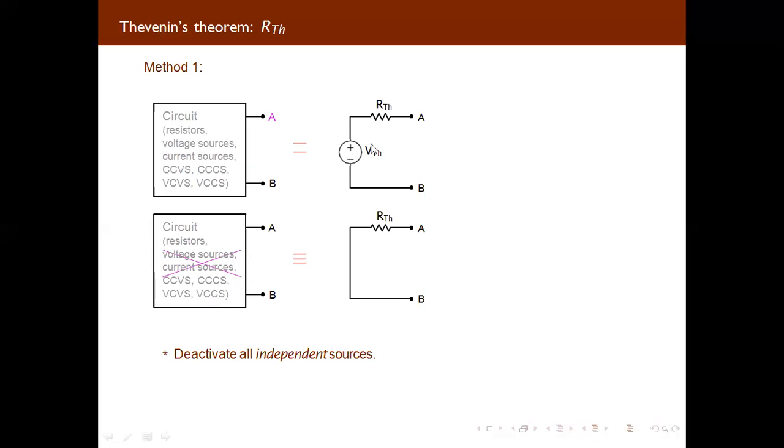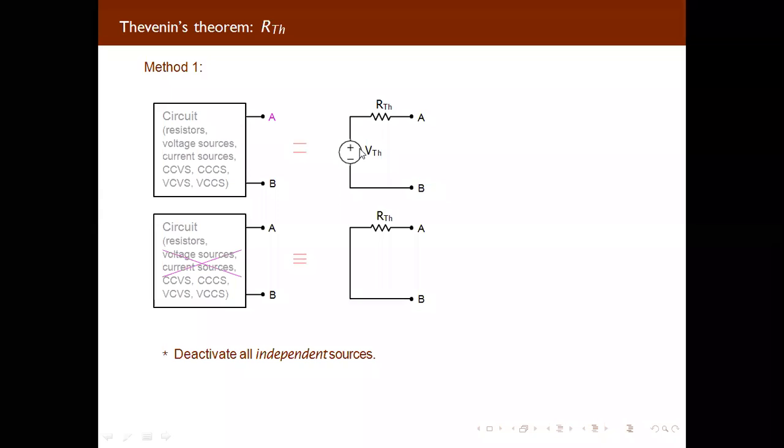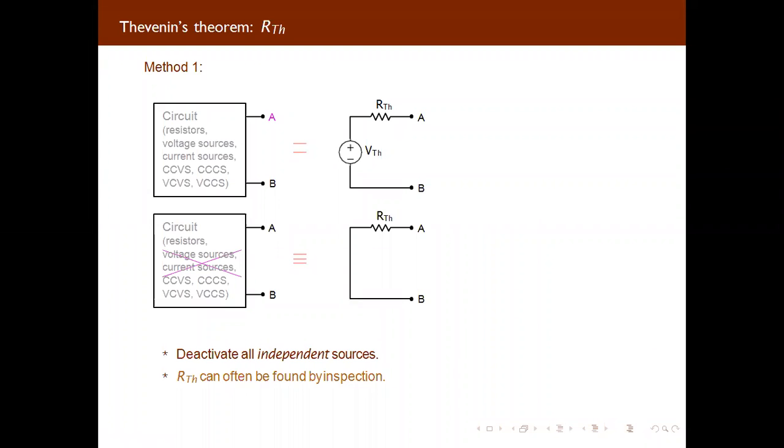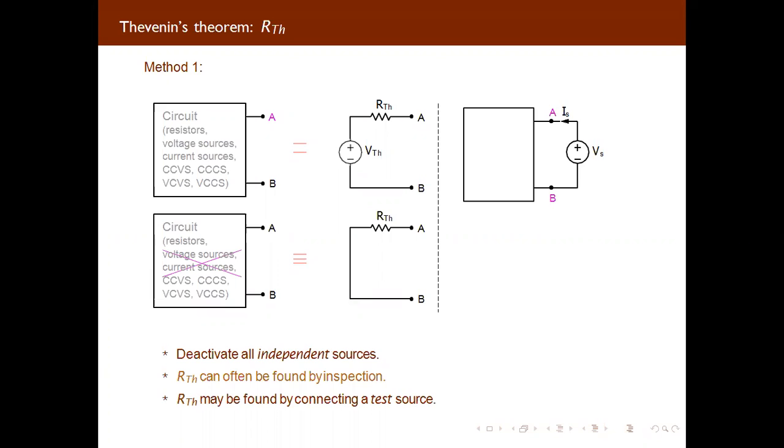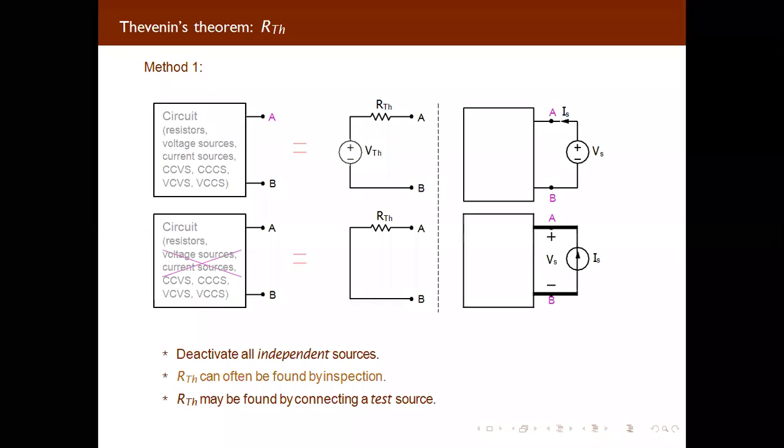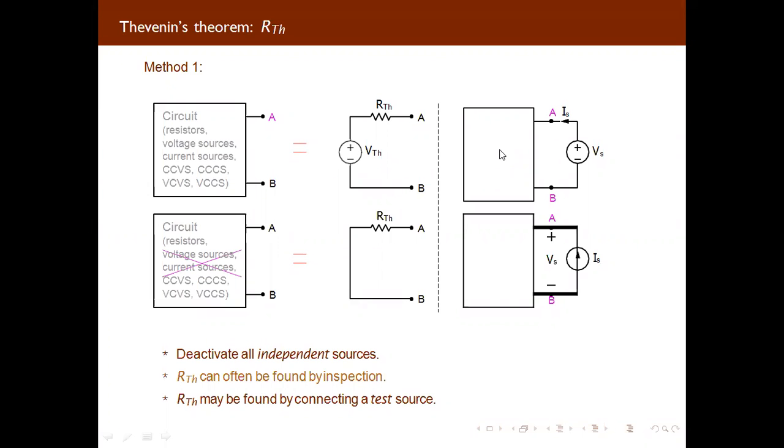We will require a voltage source also, and that will be in series with this Thevenin equivalent resistor. So we can deactivate all independent sources and calculate the value of the Thevenin resistance. And if you see here, we can make the circuit like this.